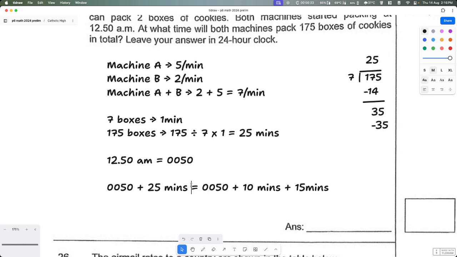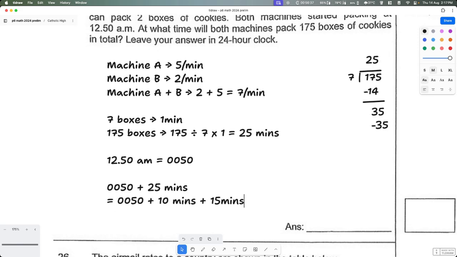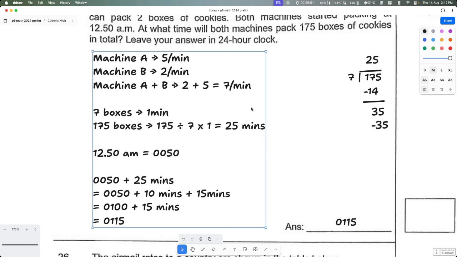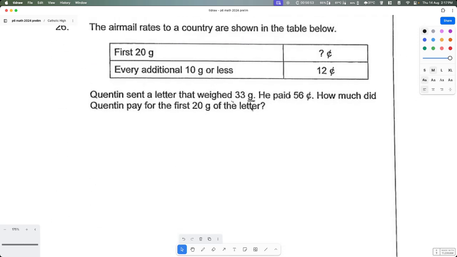That means this will then become 0100 plus 15 minutes, which is equal to 0115. Okay, there you go. So that's your answer. The answer is 0115. Okay, let's move on to question 26.